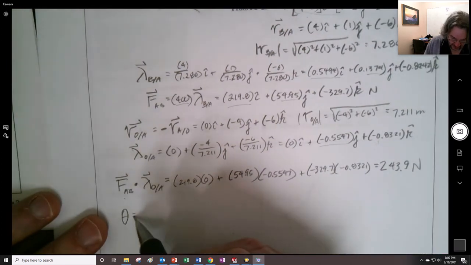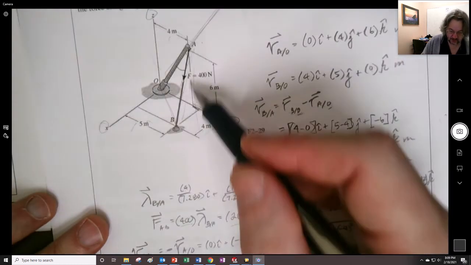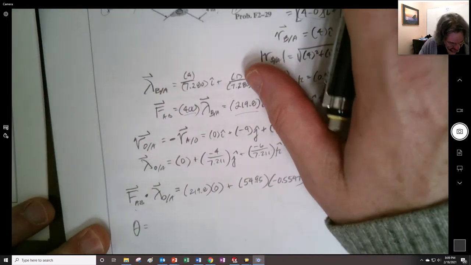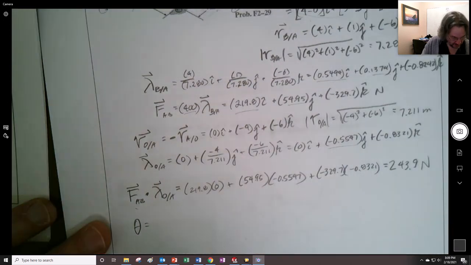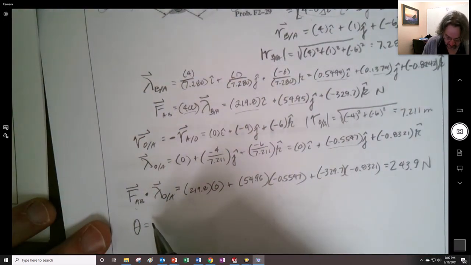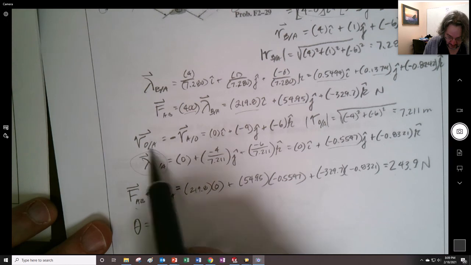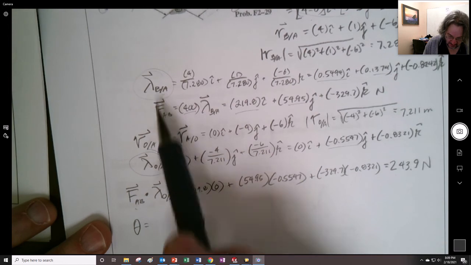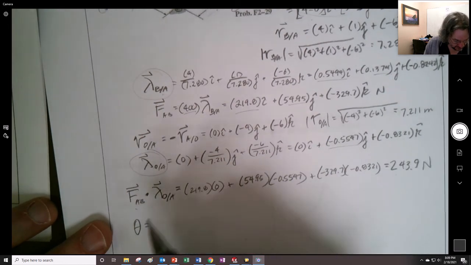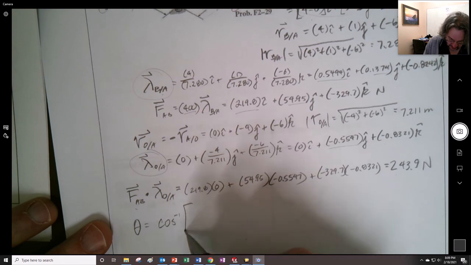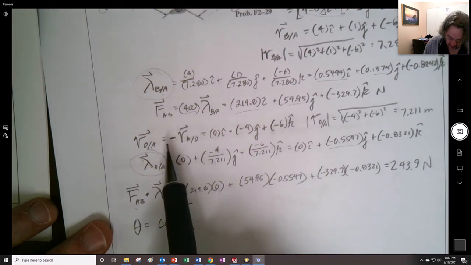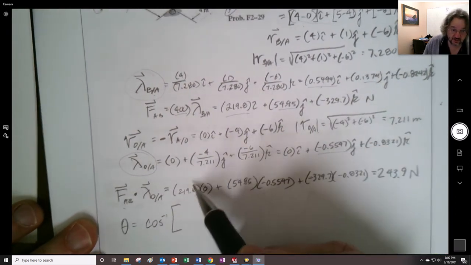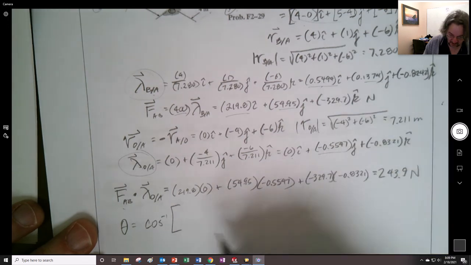And if we want to find the angle that's formed between these two, right in here, what we could do is use the direction cosines. It's probably the easiest one here, to take this and that and multiply them by each other, because we know the magnitudes of both of those. So I'm going to take the inverse cosine of the dot product of this and this. That's just the product of each of its components. So I'll write it out.